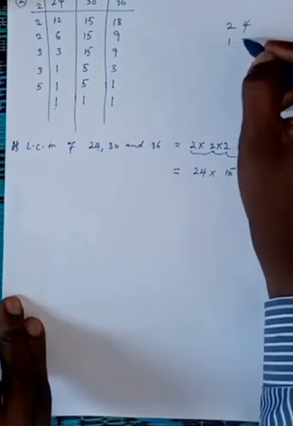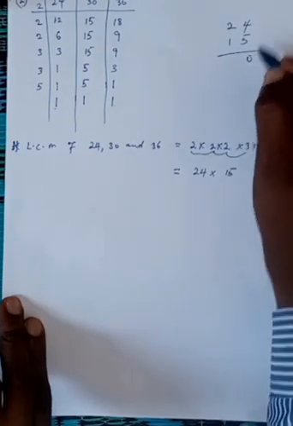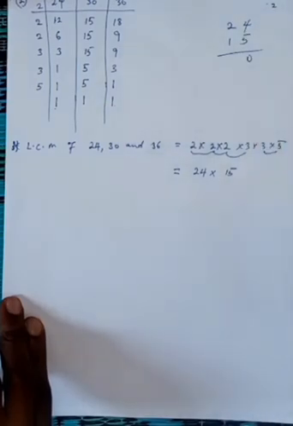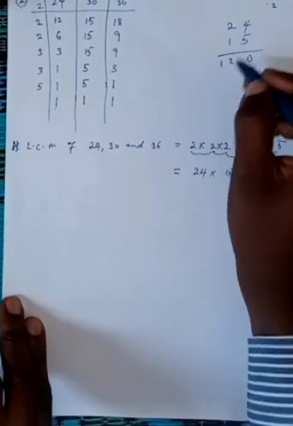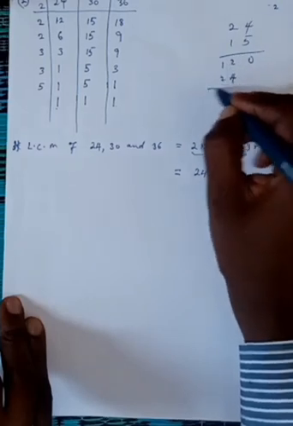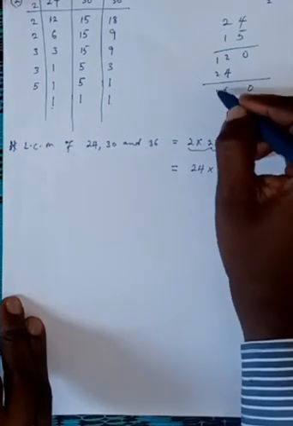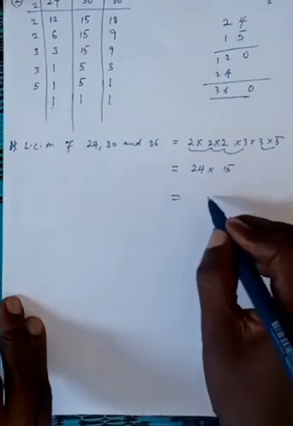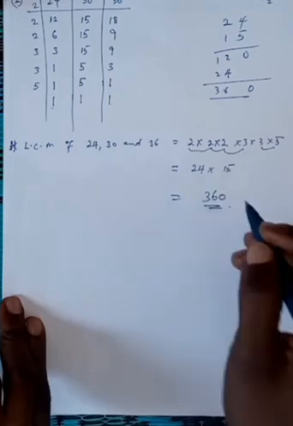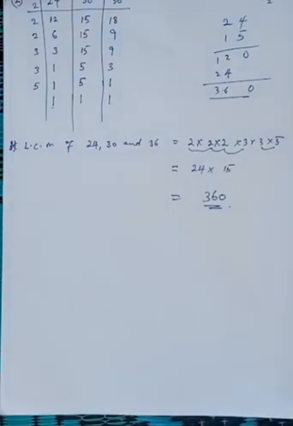So the multiplication can be done here. 5 times 4 is 20. 5 times 2, 10, plus that 2, 12. 1 times 4, 4. 1 times 2, 2. Here I have 0, 6, 3. So the result is 360. And that finally gives the result of finding the LCM of 24, 30 and 36.